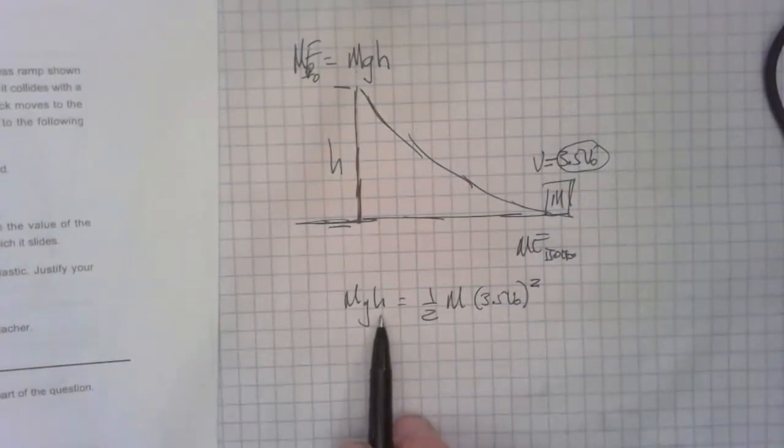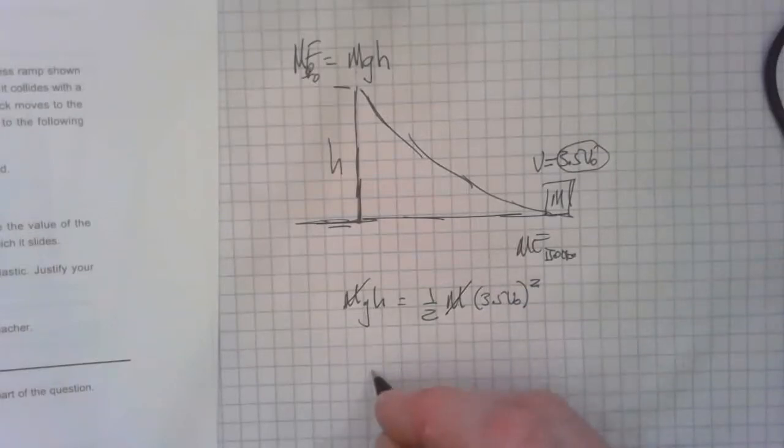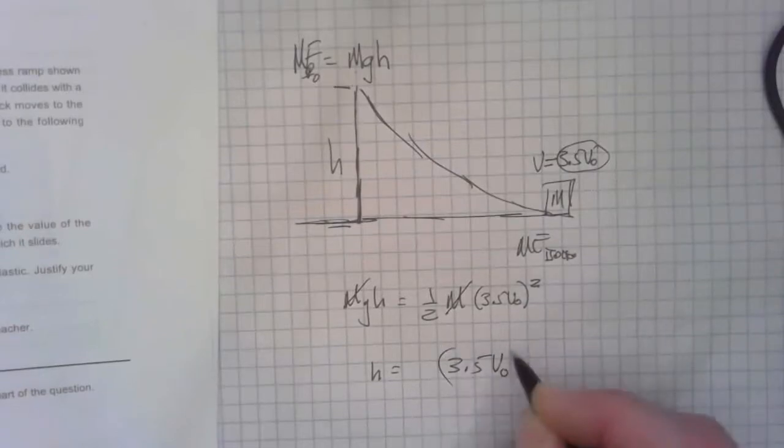And we're solving for h. The m's do cancel. So divide by g. Now here's the thing. You're going to end up with, one way of looking at this, (3.5 v0) squared over 2g.